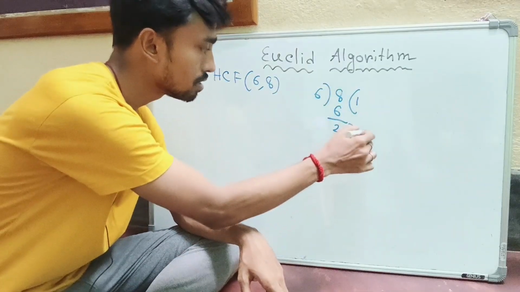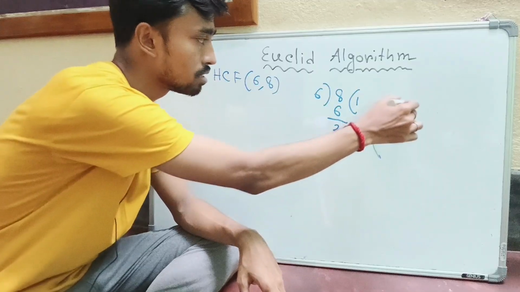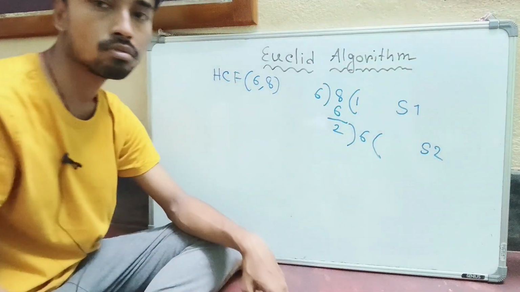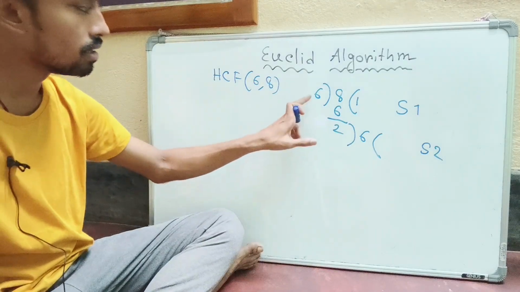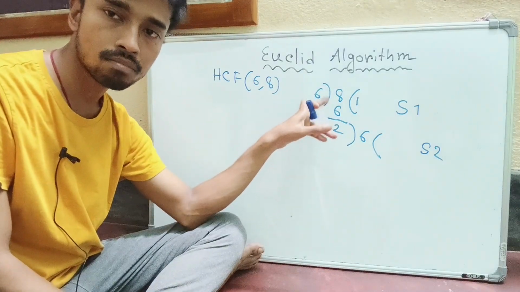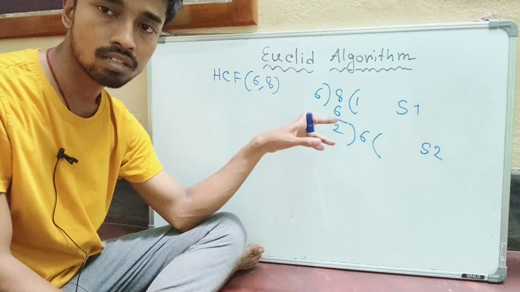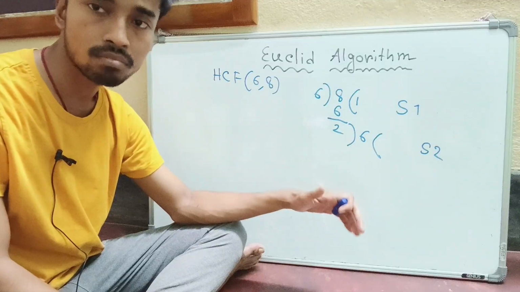So 6 here. That is the second step. That is step 1, or S1, and that is S2. In step 2, the divisor of the first step becomes the dividend and the remainder of step 1 becomes the divisor of step 2.